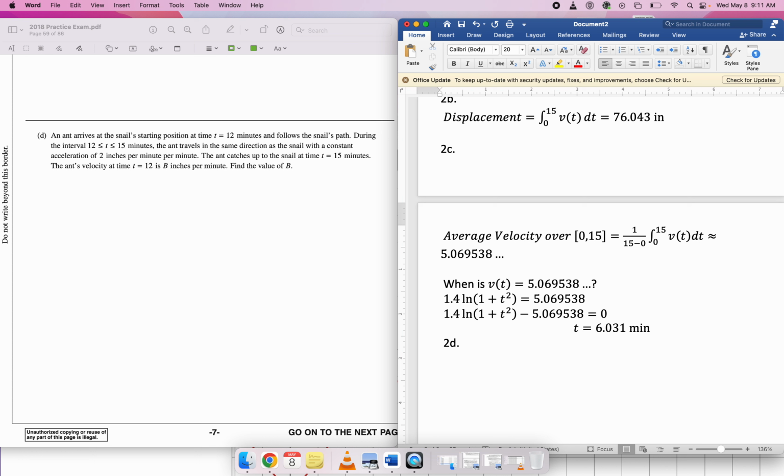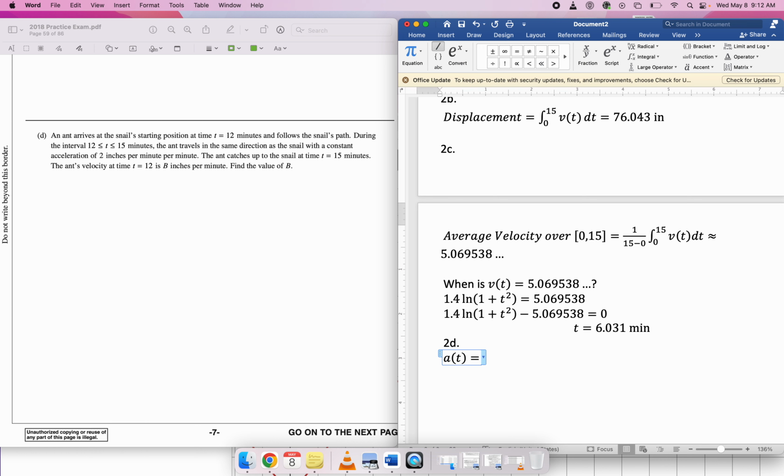D, an ant arrives at the snail's starting position at time t equals 12 minutes and follows the snail's path. During the interval 12 to 15, the ant travels in the same direction as the snail with a constant acceleration of 2 inches per minute per minute.